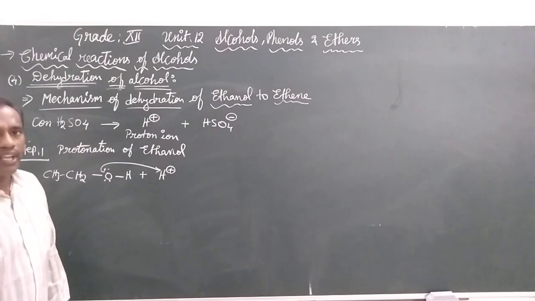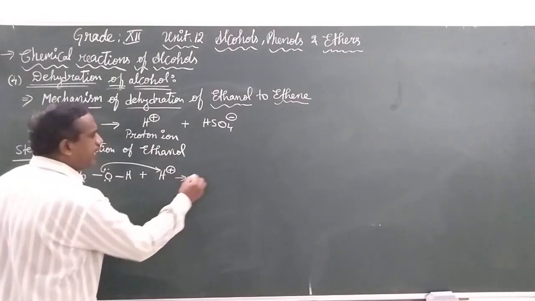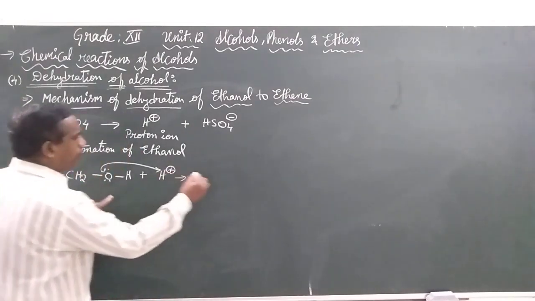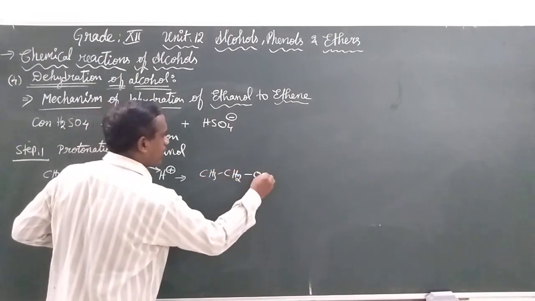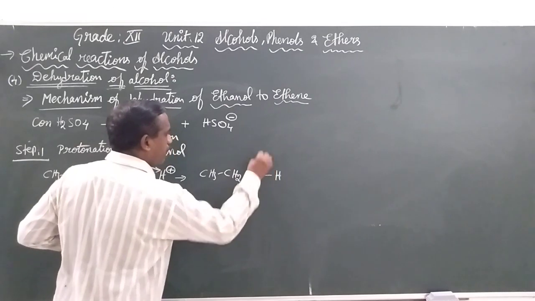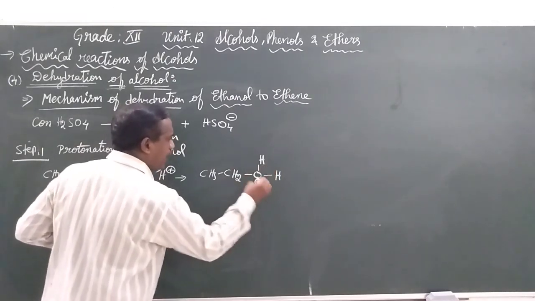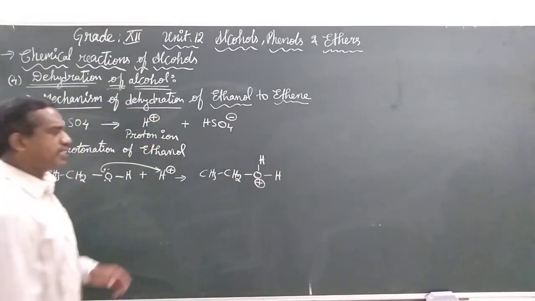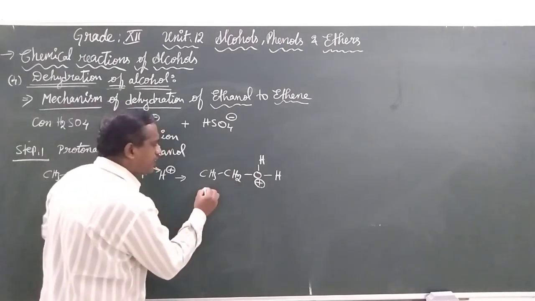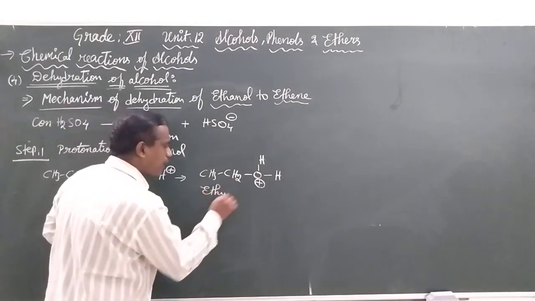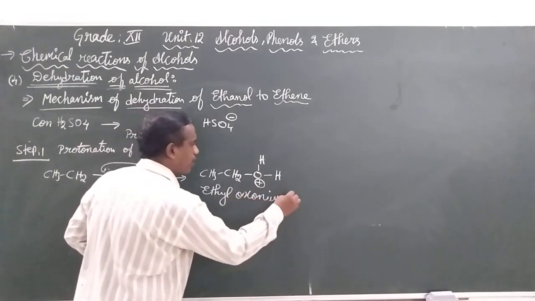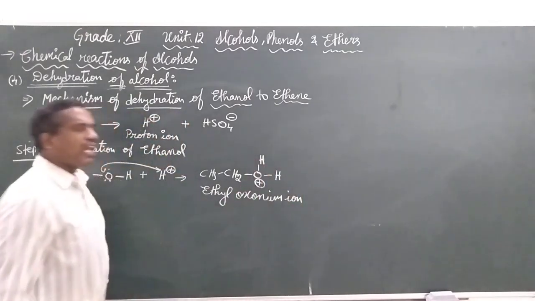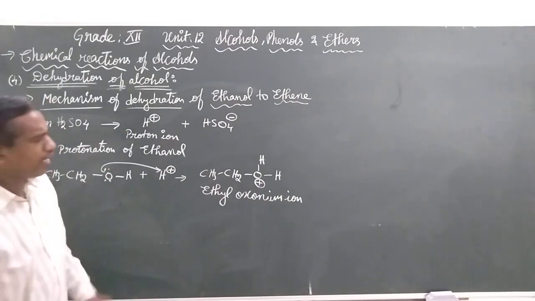Protonation of ethanol. Then after donating the lone pair, we get the oxygen with 2 hydrogens bearing a positive charge. This we call the ethyl oxonium ion.